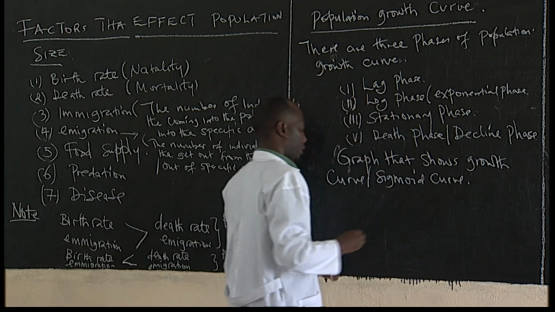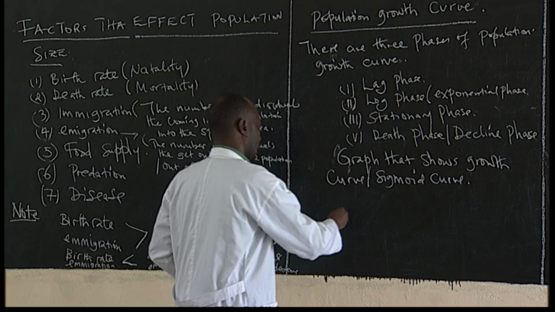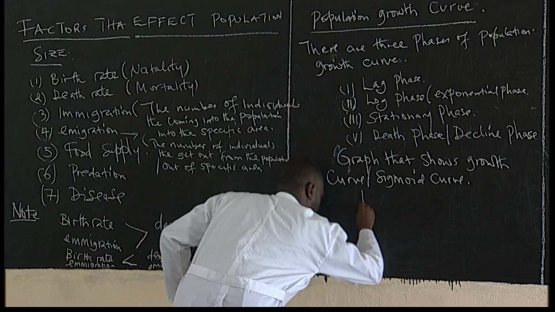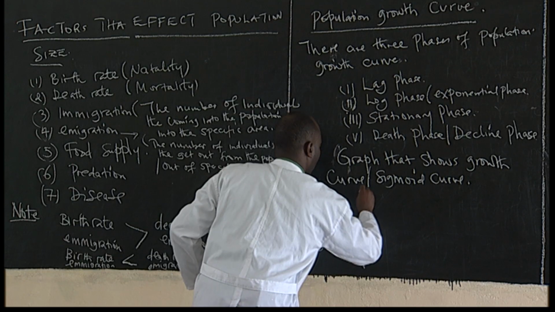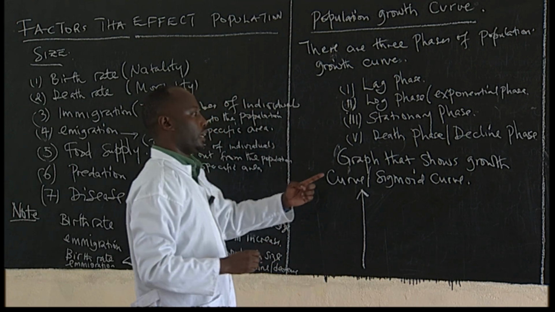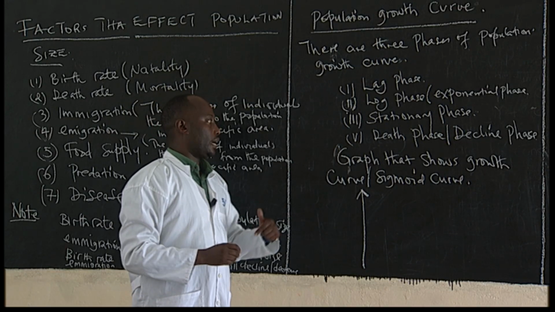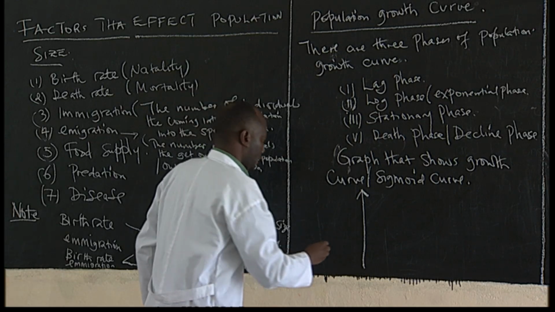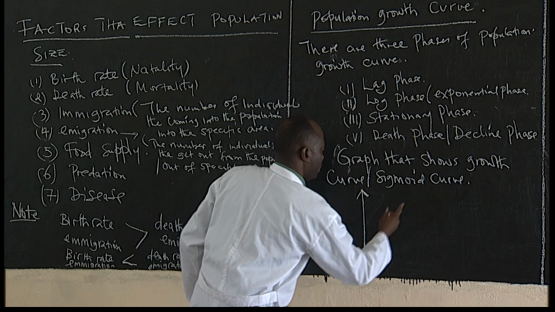How are you going to draw the sigmoid curve? But before that, I will first show you the J-shaped curve. There's a J-shaped curve and a sigmoid curve, and the sigmoid curve is made up of 4 phases.